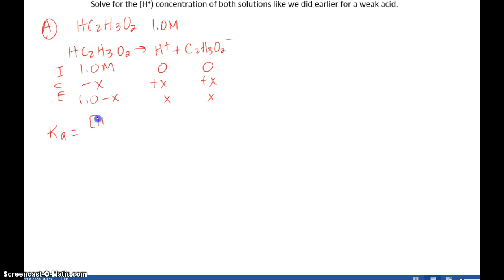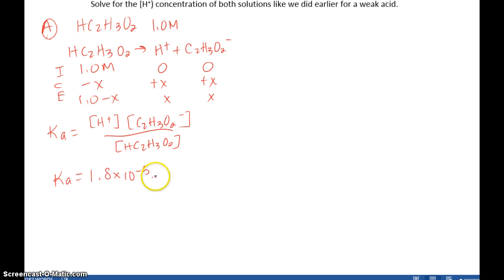Ka is equal to H plus times C2H3O2 minus over HC2H3O2. So I need to show that equilibrium expression, and then I need to show it substituted in. Ka is equal to 1.8 times 10 to the minus 5, which is equal to X times X over 1.0 minus X.